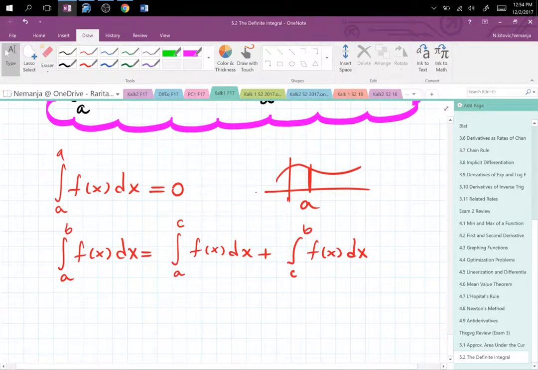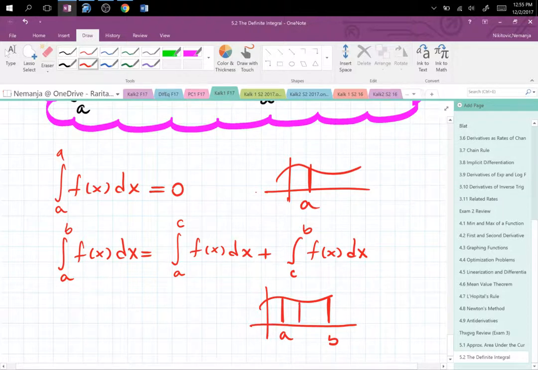Now this needs to make sense immediately when I draw the picture. I pick value c somewhere. It doesn't matter where I pick it. The total area between A and B must be the sum of A to C and C to B. Do we all see that?